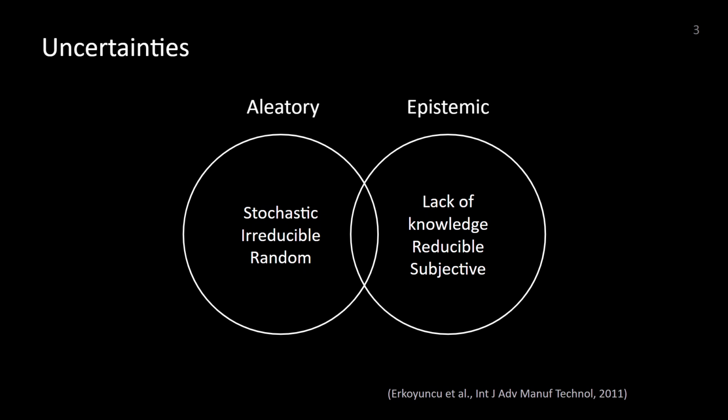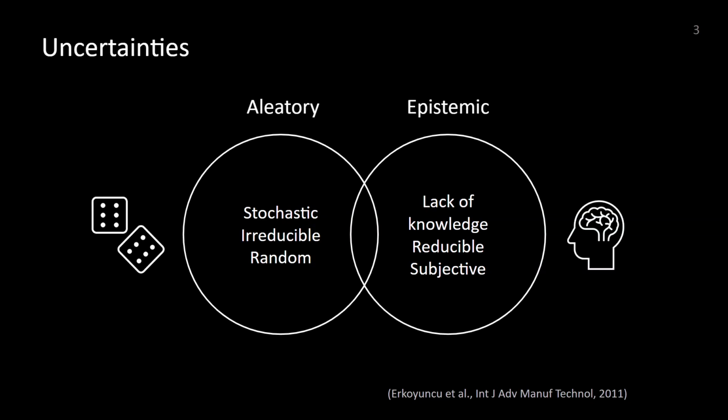Uncertainty has been one of the keywords up until now in this course. There are different kinds of uncertainties in PSS provision, and the basic categories for uncertainty are shown on the slide. I think this is quite familiar to you.